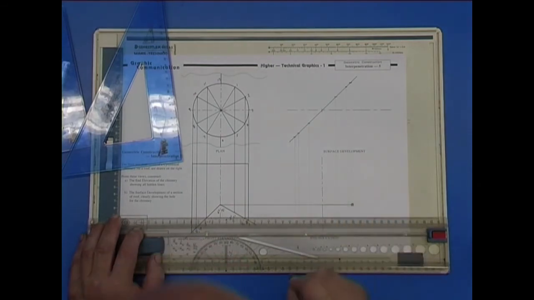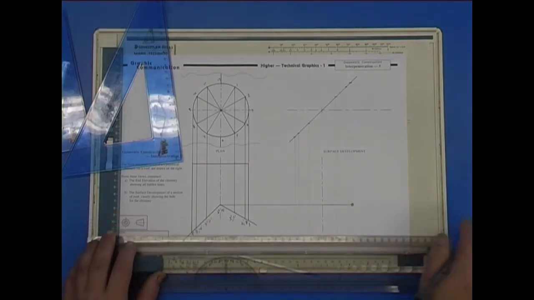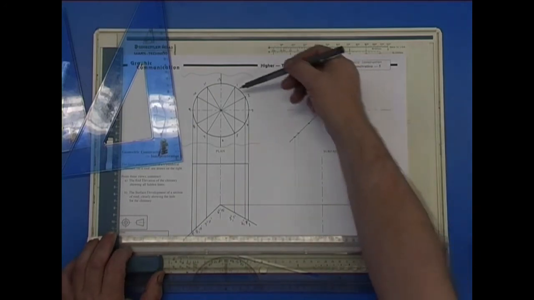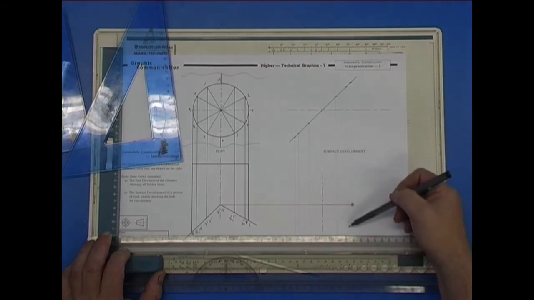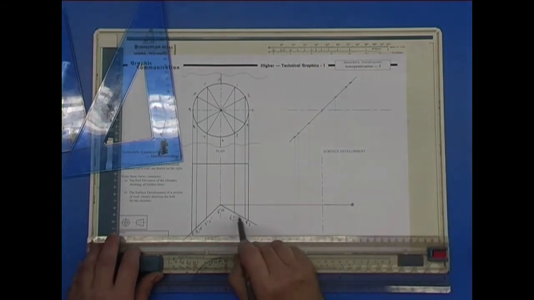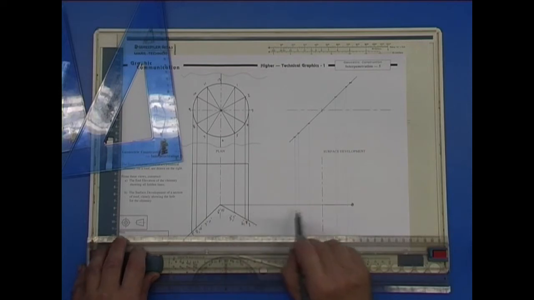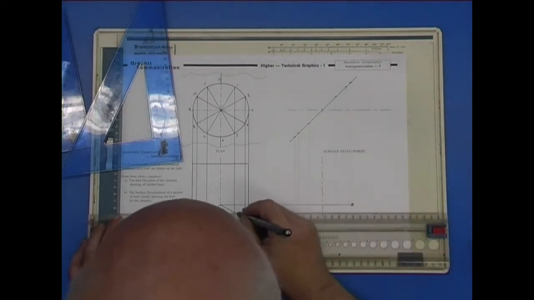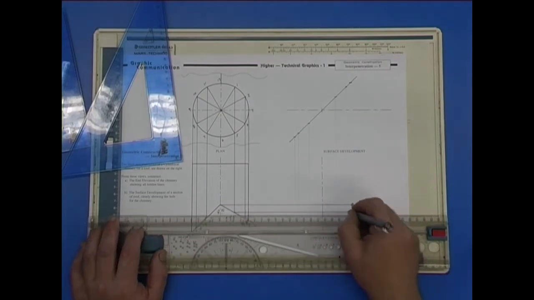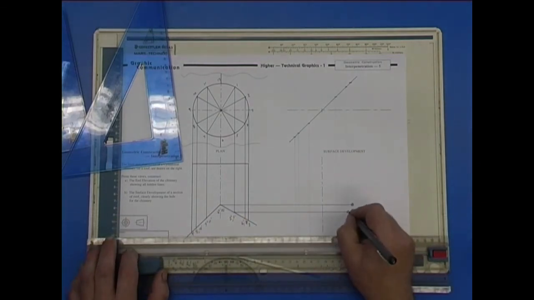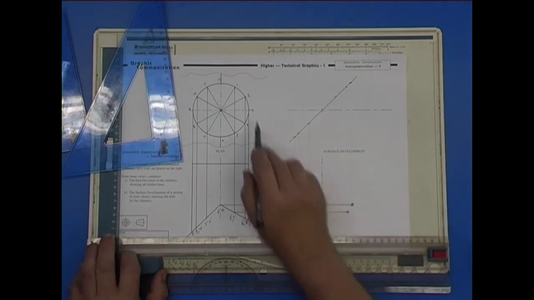I'll just highlight it with a circle. So our first point is 12, working round, point 1 somewhere down that line. There's my 1 there, along this line, and so on.